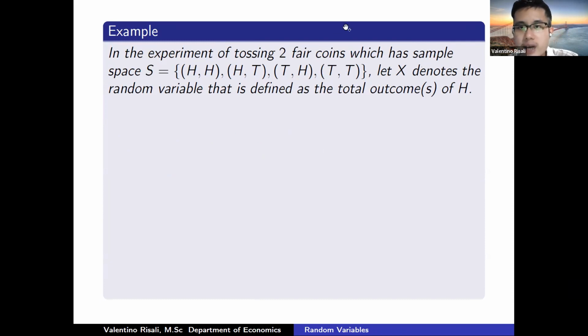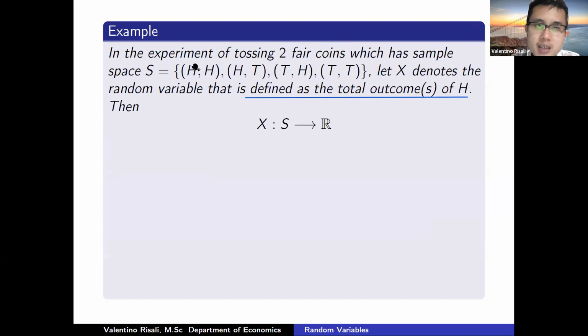I define the random variable X as the total number of outcomes of H. After that, we have to find the formula of the function. From the definition, X is a function from S to R. Then we correspond all elements of S to a real number.